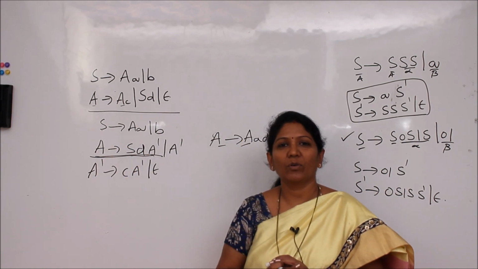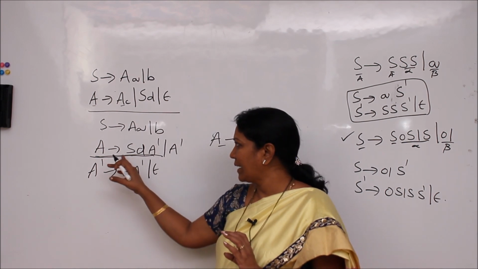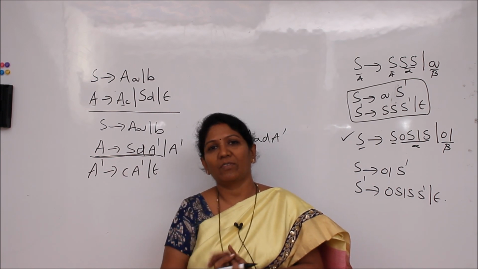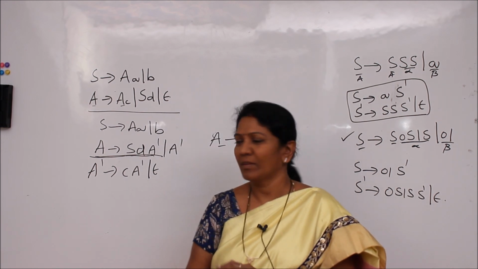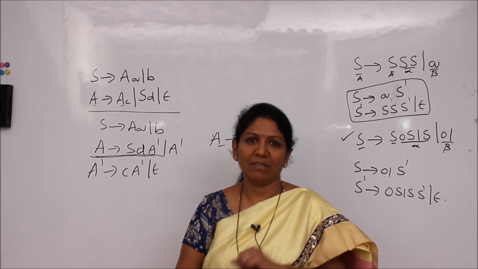So if you really want a grammar which is completely free of left recursion, that means there should not be left recursion even at the other levels, the criterion should be to expand first, then eliminate the left recursion. That is the best way.